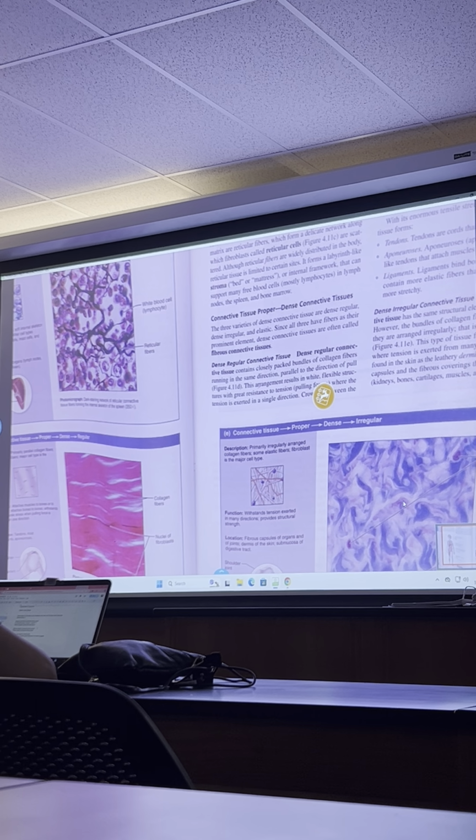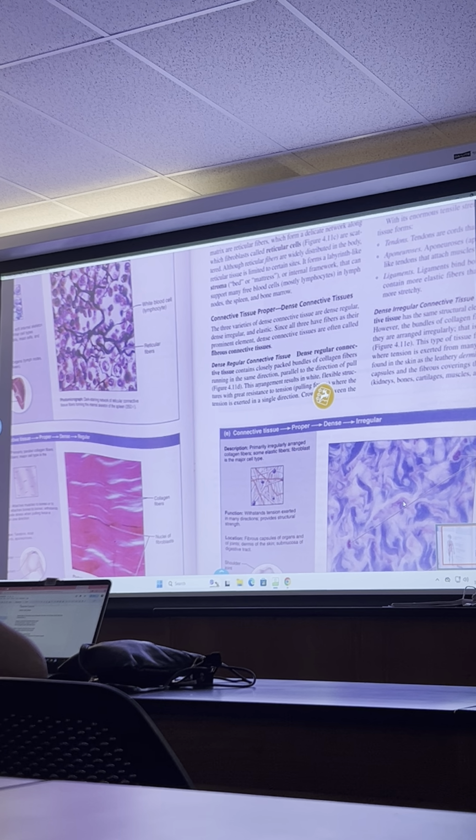So the lower layer of the dermis is called what? No, that's, it's reticular layer of the dermis. What percent? 85? 80%. And then the upper layer of the dermis is papillary layer. What percent is that?